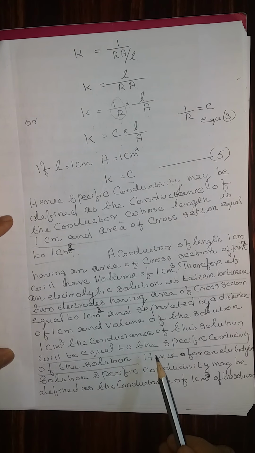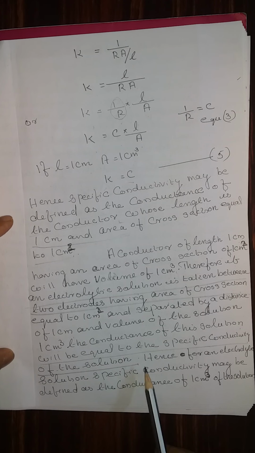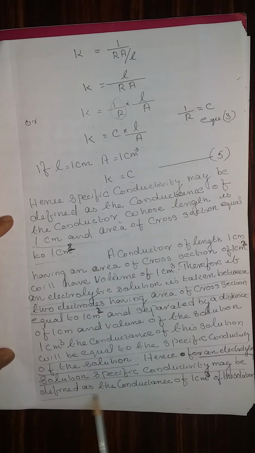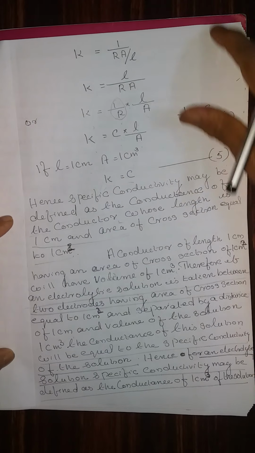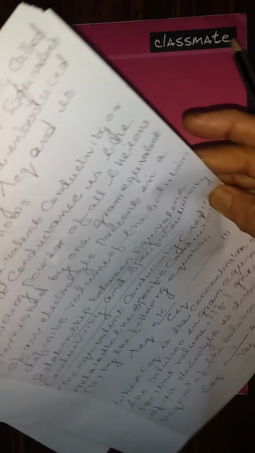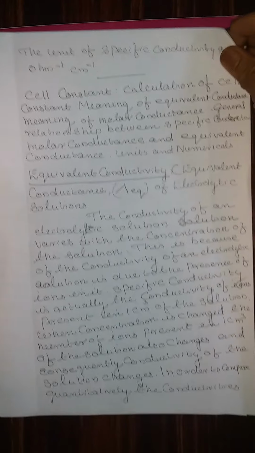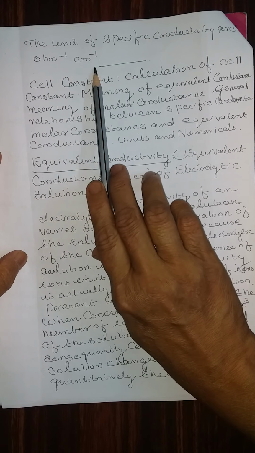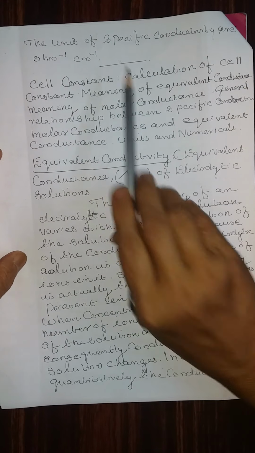That means, in terms of solution, how will you determine the specific conductivity? Hence, for an electrolyte solution, specific conductivity may be defined as the conductance of 1 centimeter cubed of the solution. The unit of specific conductivity is per ohm per centimeter. That is the unit for it.